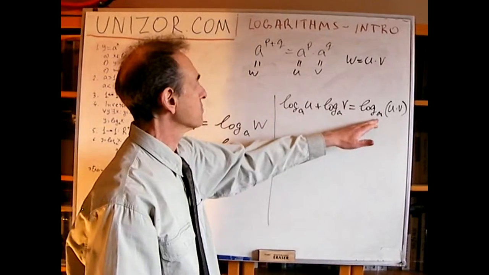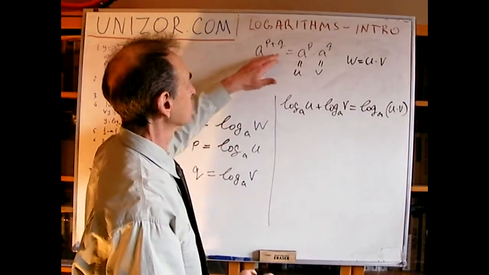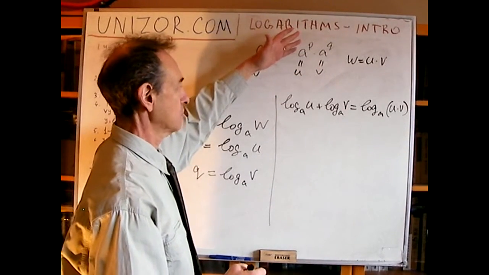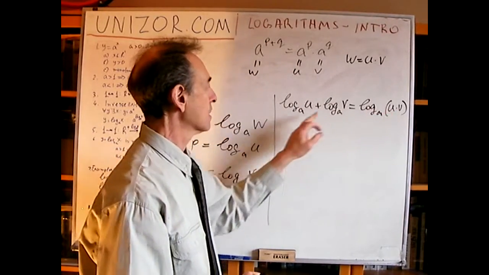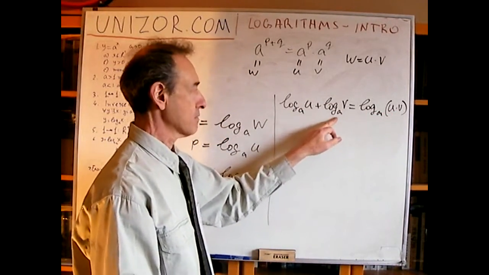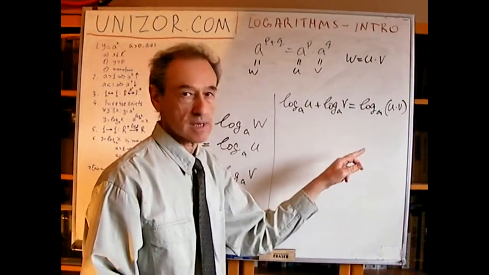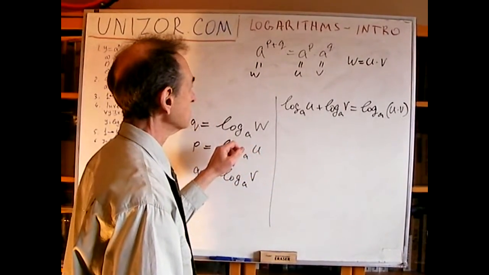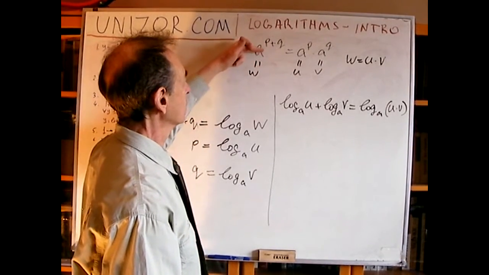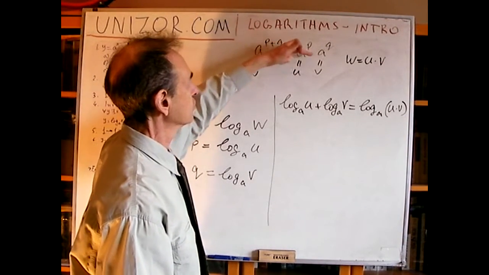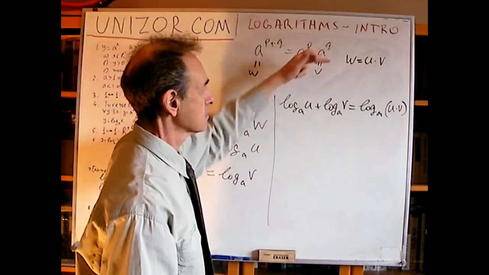So here is basically the formula. In logarithms, this formula is equivalent to this one in exponential functions. The logarithm of the product is equal to sum of logarithms, assuming the same base everywhere, obviously. Same thing as this: the exponent of a sum is equal to product of exponents.